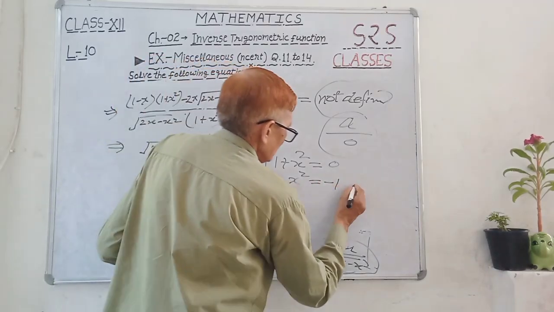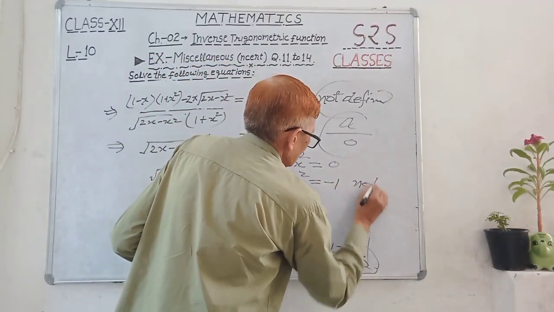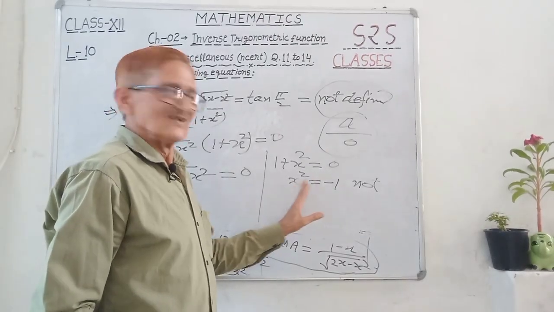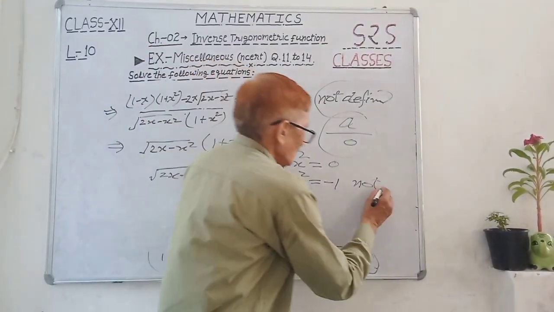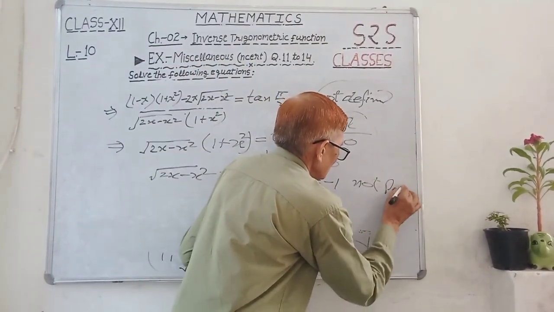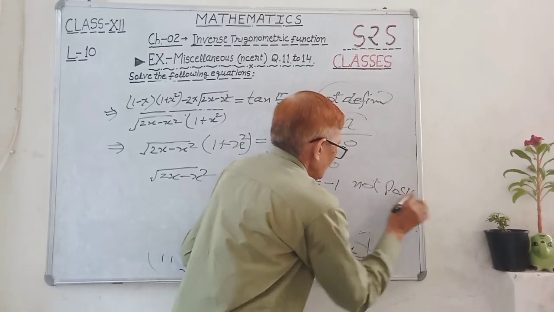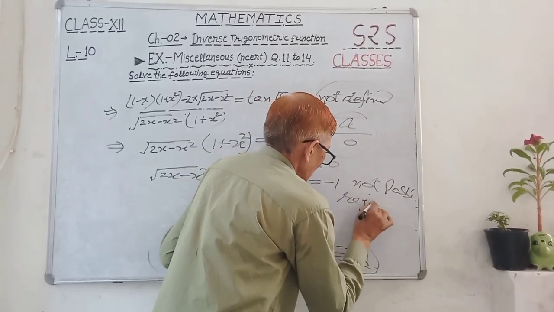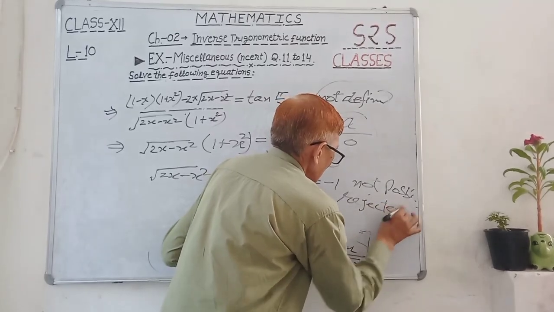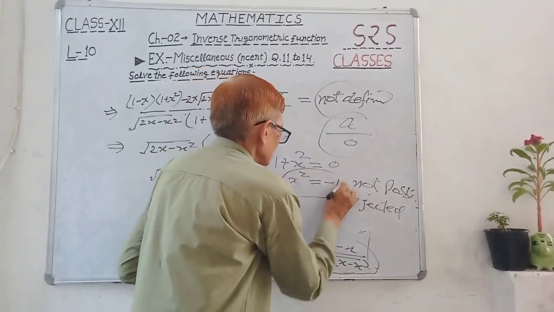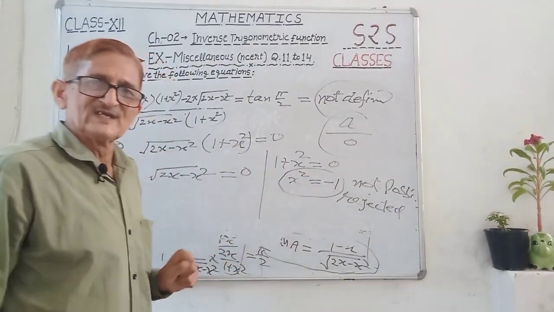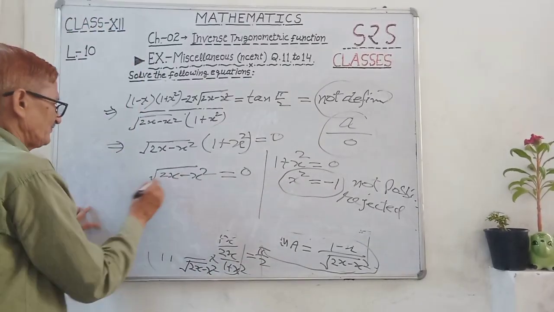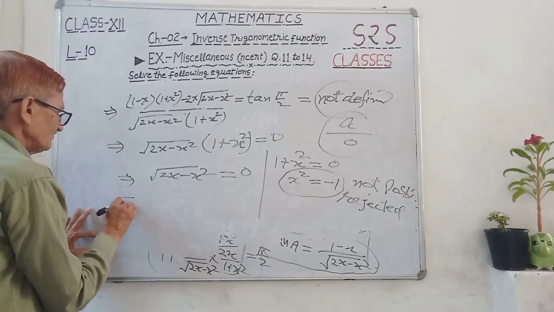Not possible, because square of any number x is always positive. So rejected. Understand this point, because x square is always positive. Here it is coming x square is -1, so rejected.